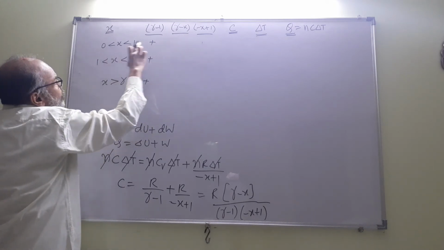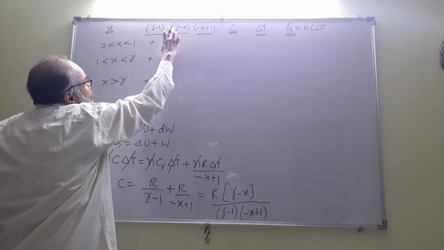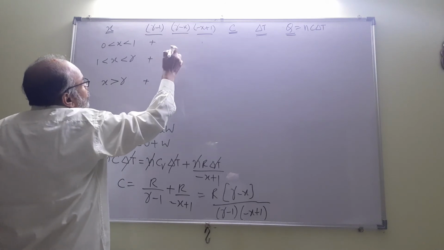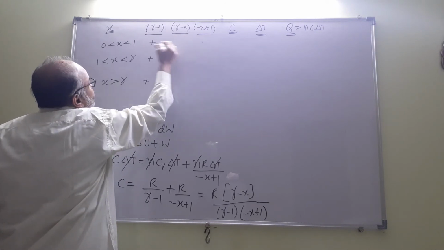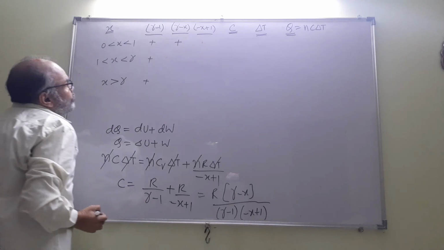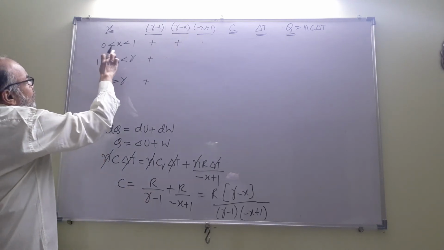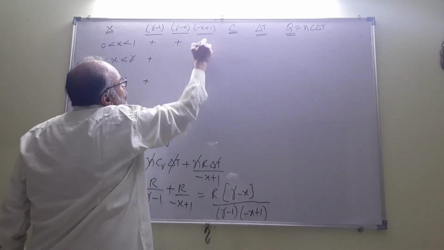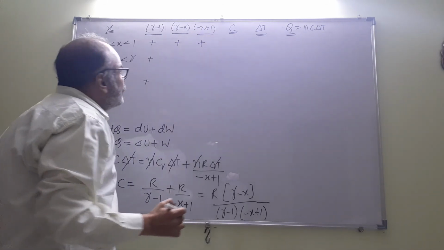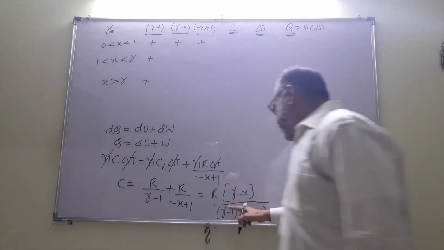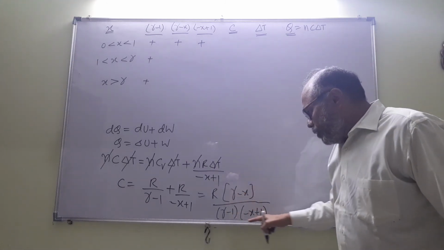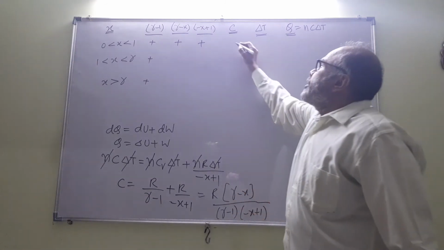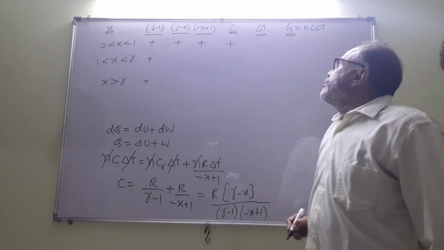X is between 0 and 1. Gamma we know is greater than 1, so here gamma minus x is going to be positive. X is between 0 and 1, so it's less than 1, so this quantity will also be positive. So all the three quantities are positive, and the specific heat capacity will be a positive quantity.